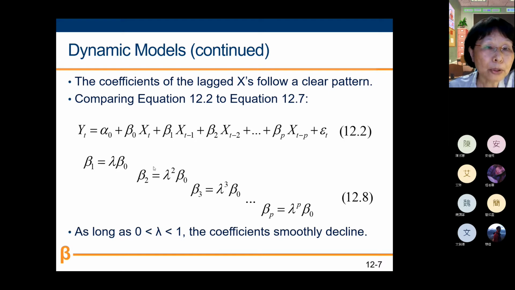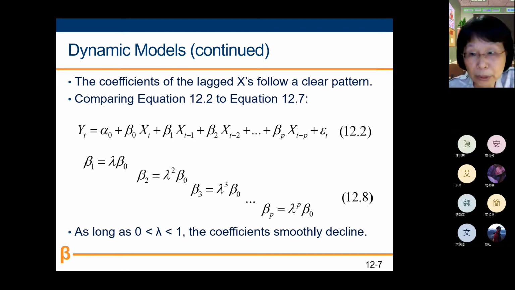Then beta 2 becomes lambda square times beta 0, and beta 3 is lambda to the third power times beta 0, and so on, up to beta p equal to lambda's pth power times beta 0.